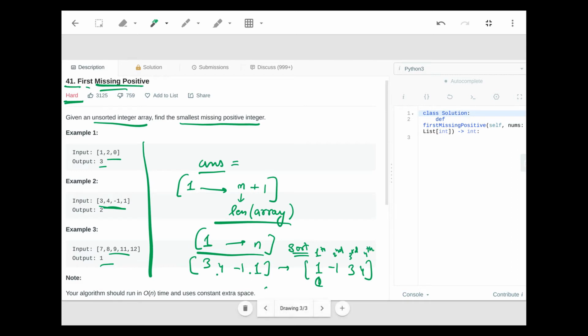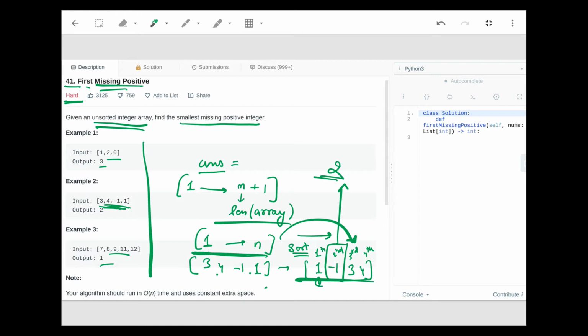So if I get into a habit of recognizing that whenever I have an unsorted integer array from 1 to n, I can arrange them and put all the numbers on their indexes, and the remaining numbers which do not match the potential indexes are the anomalies. So here, if you put the numbers on the index and you traverse from starting, you know, okay, 2 is the first missing positive integer in my given array.